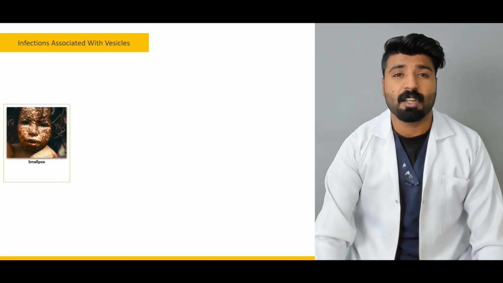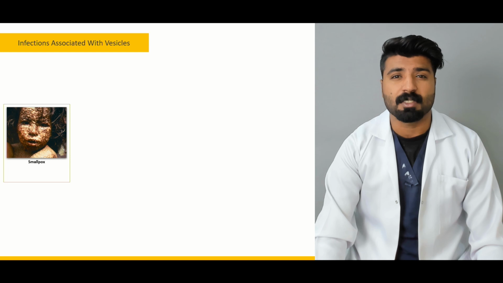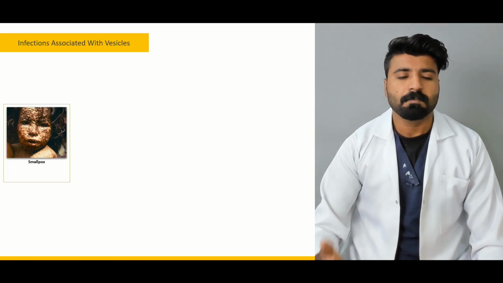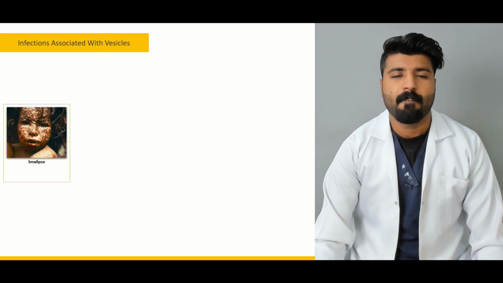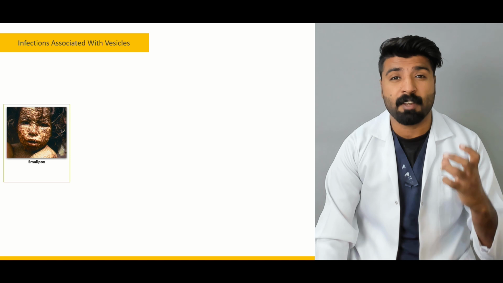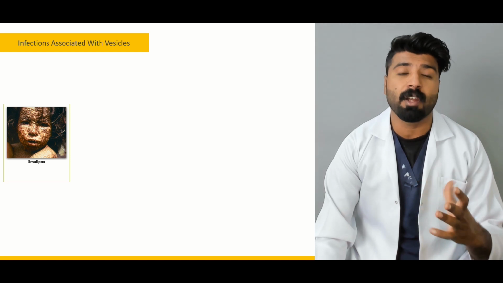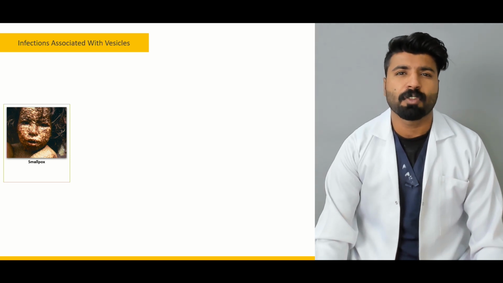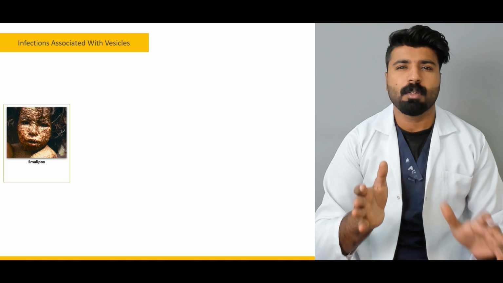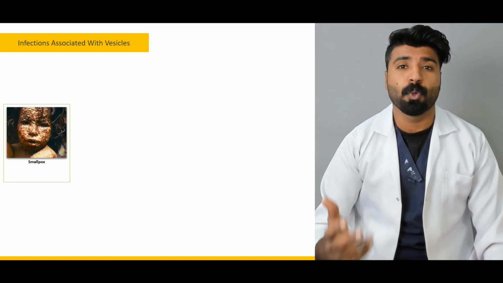So which diseases involve the formation of vesicles? Let me tell you what kind of skin manifestations come when you are developing a disease, or when you have developed a disease, or when the infection is active, or when it's gone. There are 3 to 4 types. But when we talk about kind of rash, we think of only 2 possibilities.